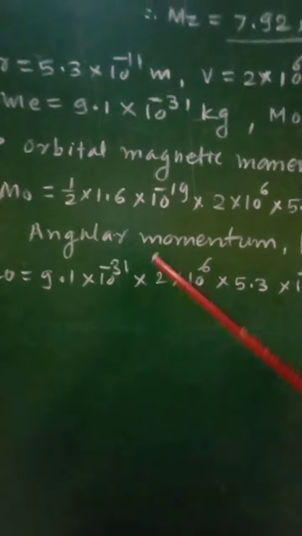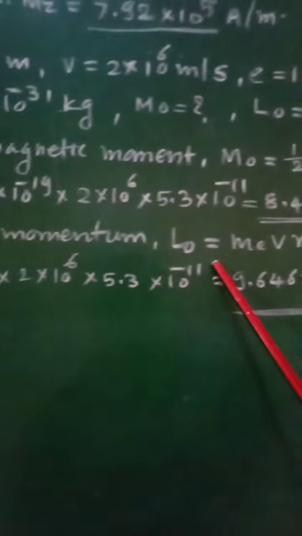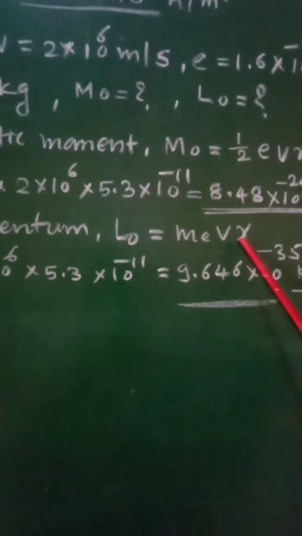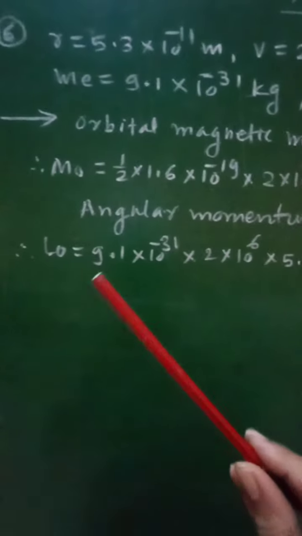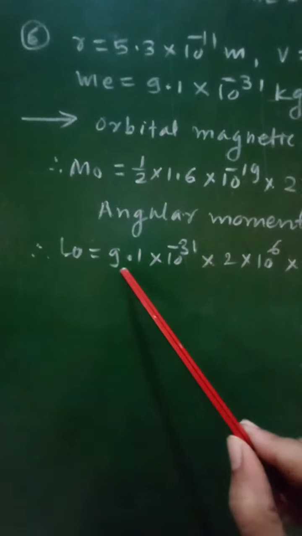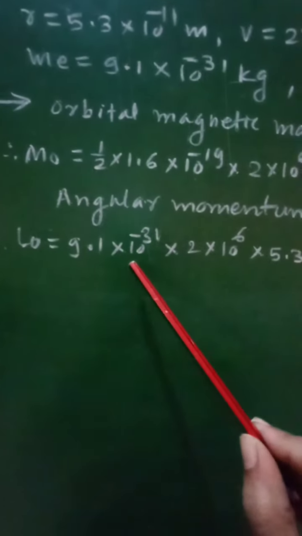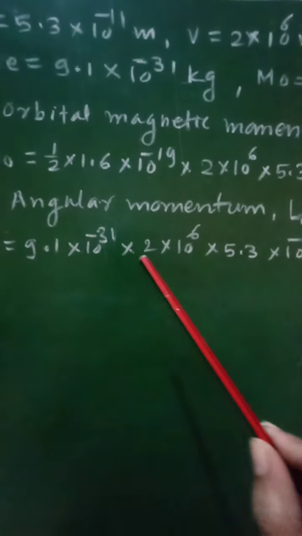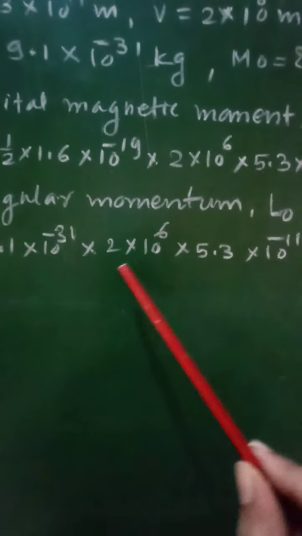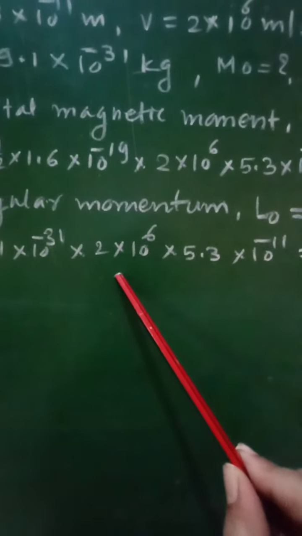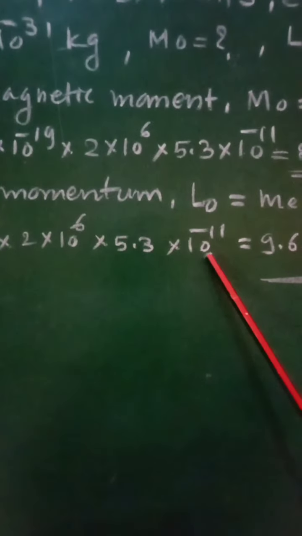Then angular momentum of the revolving electron L0 equal to mevr. Then putting the values we will get L0 equal to 9.1 into 10 raised to minus 31 into 2 into 10 raised to 6, that is velocity, into 5.3 into 10 raised to minus 11.